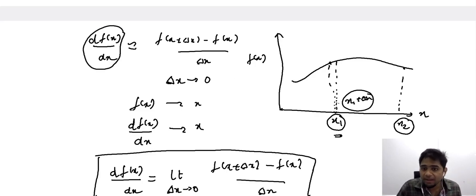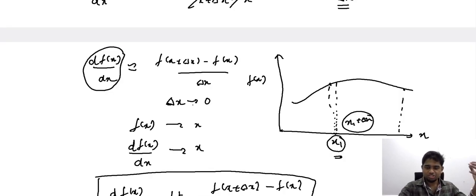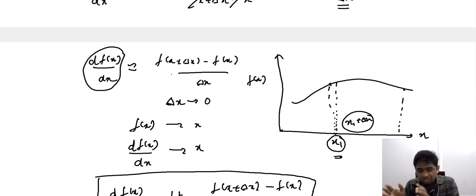We saw that it is possible for us to express this change in this way. Since we are considering a generalized case wherein we don't know how this change will be at a given point, we have to assume a small delta x.